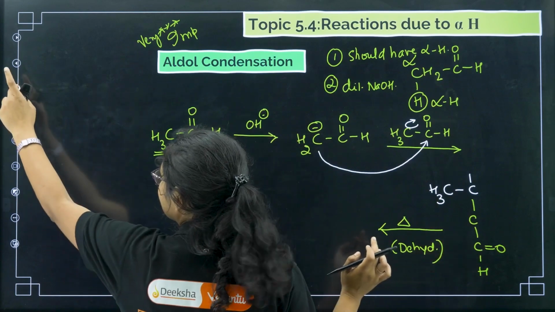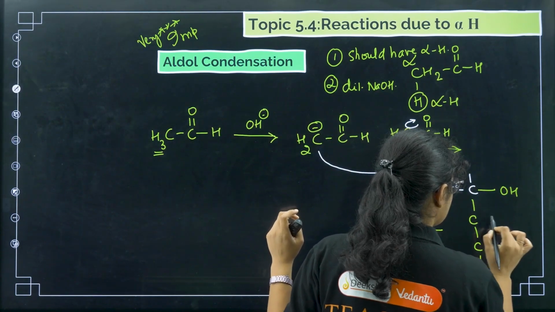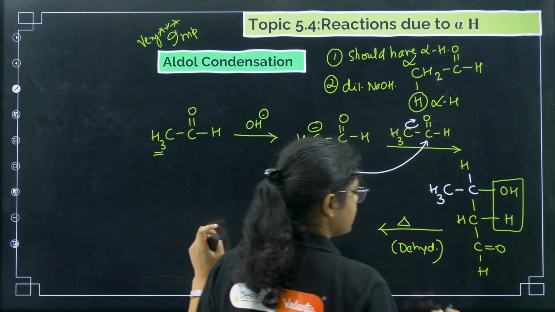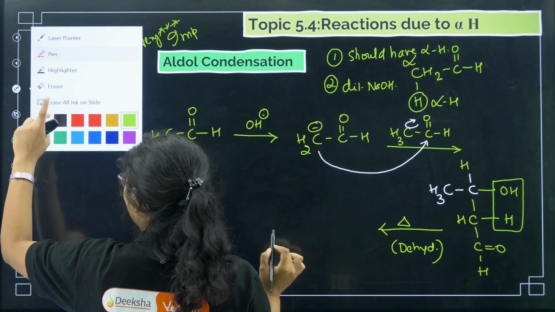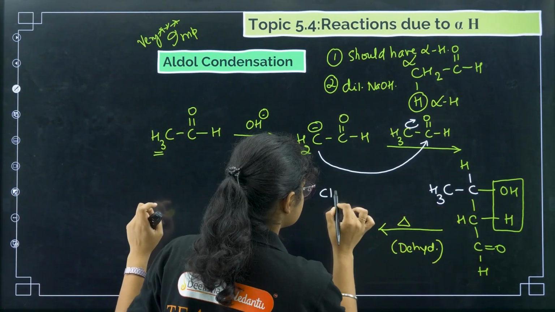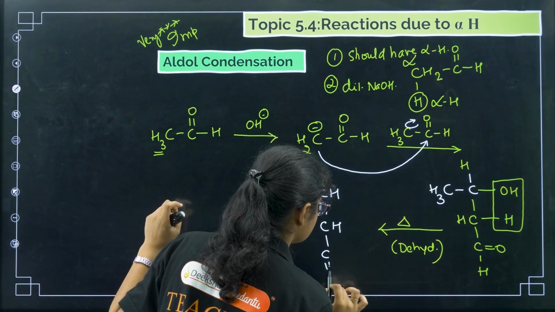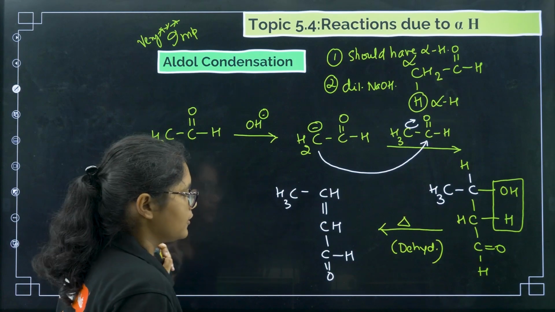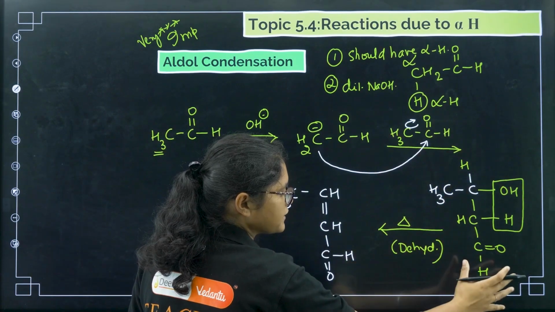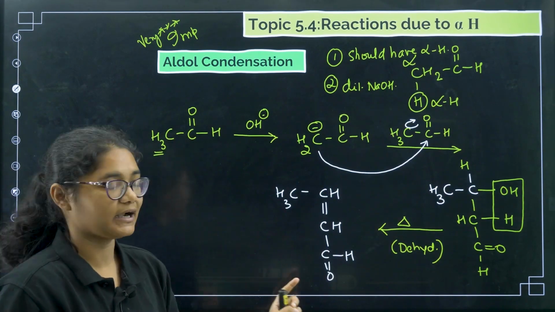We had OH and H here, so there will be dehydration from here and I'll get the compound CH3CH=CHCOH. So this first part is called the aldol reaction, and when you heat it, there is removal of a water molecule and we get the aldol condensed product.